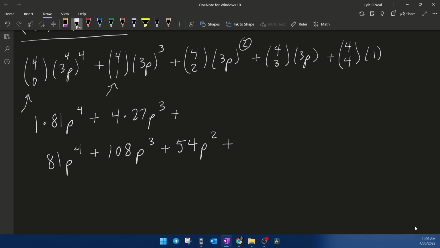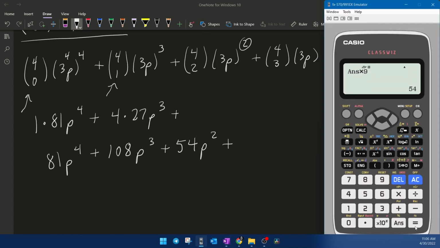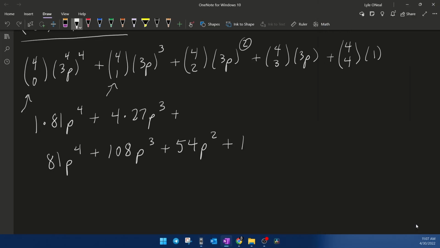plus, next, 4 choose 3. On the calculator, 4 choose 3 is 4, and that needs to be multiplied by 3, which is 12. See, because that was just 3 to the 1, which is 3.